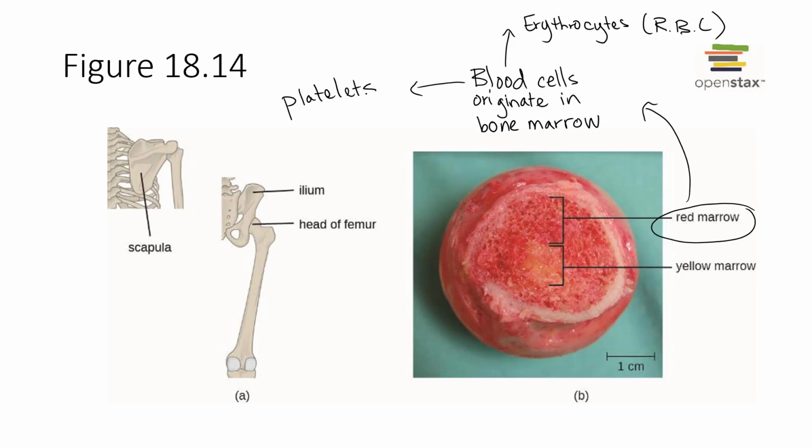Those are your blood clotting cells, and then leukocytes and lymphocytes, which we call white blood cells. Okay, so we're going to focus in on the origins of the leukocytes and the lymphocytes.